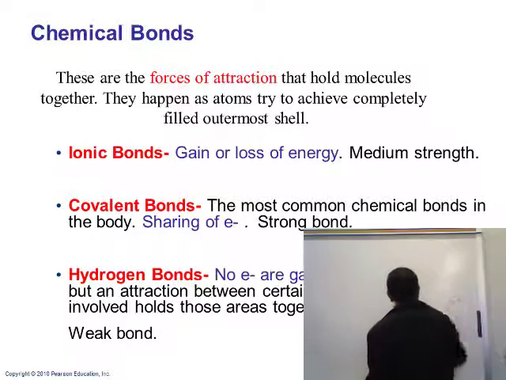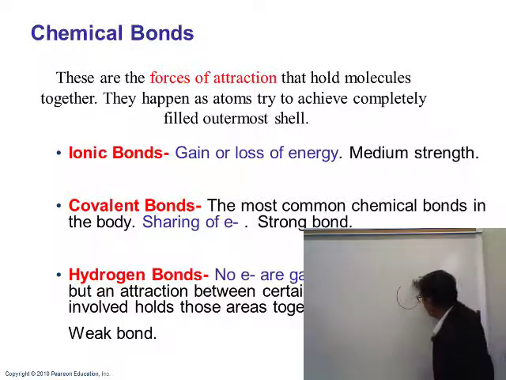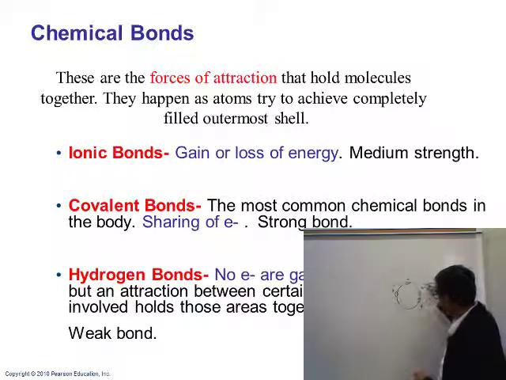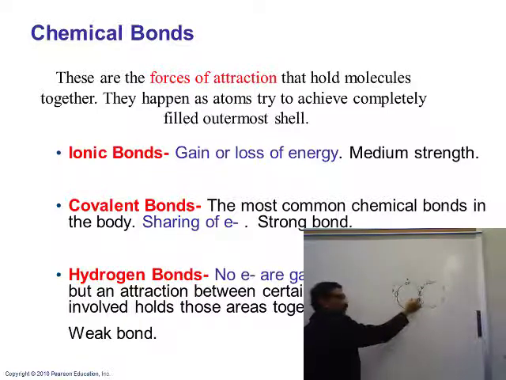For example, this is one atom. This one has 4 electrons. And this is another atom. This one has 6 electrons. Now, in a covalent bond, what happens? Electrons don't leave the atom. What happens?